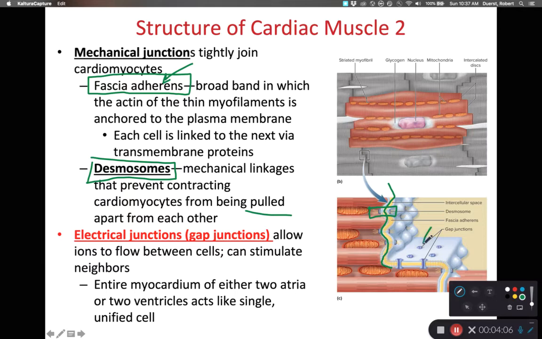And then we also had those gap junctions, which serve as an electrical junction or electrical synapse. This means that when we look at the myocardium of either of the two atria or the two ventricles, they act like a single cell because ions and cytoplasmic contents will flow from one cell into the other cell back and forth.